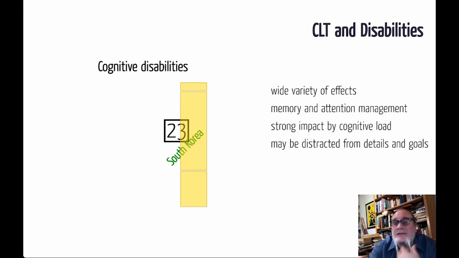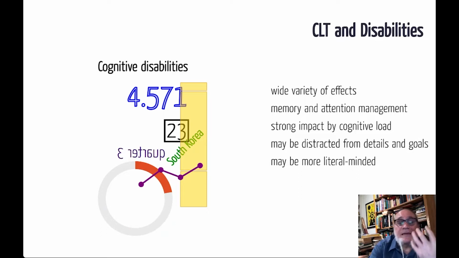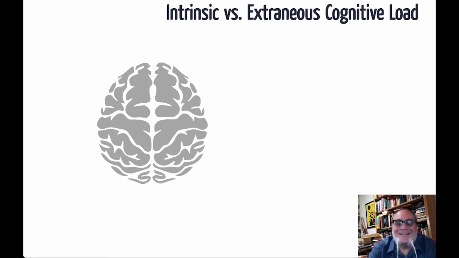So as you might expect, this is a strong impact by cognitive load. These people may be distracted easily from details and goals. They may be more literal minded. Basically, they can be overwhelmed by lots of things, including data visualizations. So let's get that animation off the screen so it's not distracting us anymore.